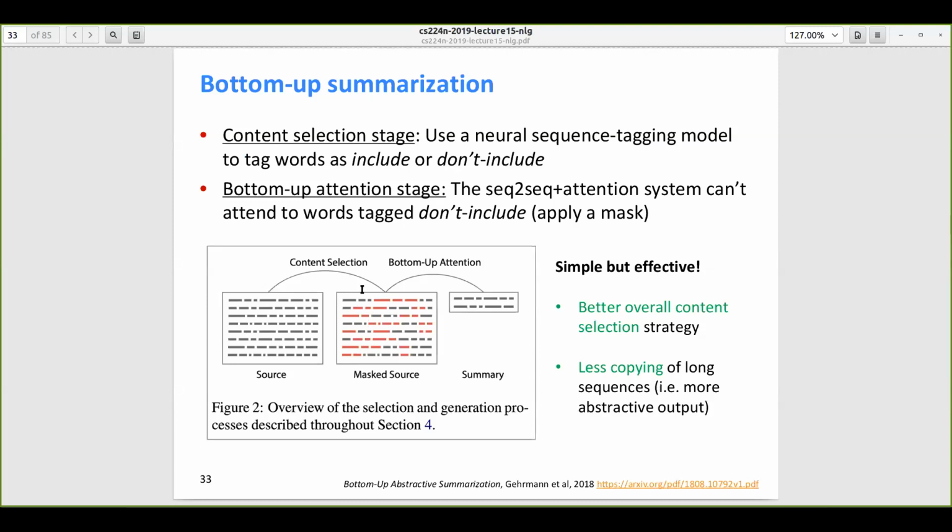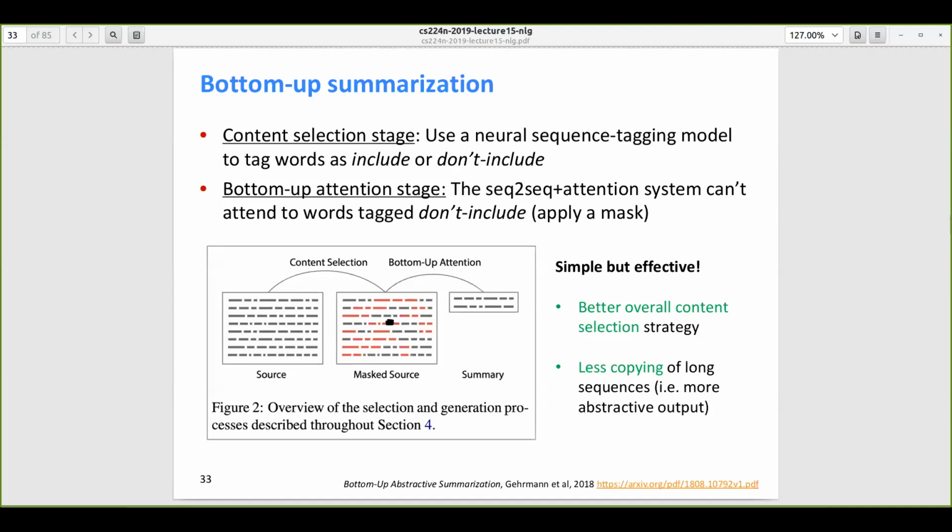Once we have the masked source where every word comes with a tag saying include or don't include, that is used by the bottom-up attention stage. When the seq2seq plus attention model takes this as its input, if it sees a word with the tag don't include, it will not use it for summarization.